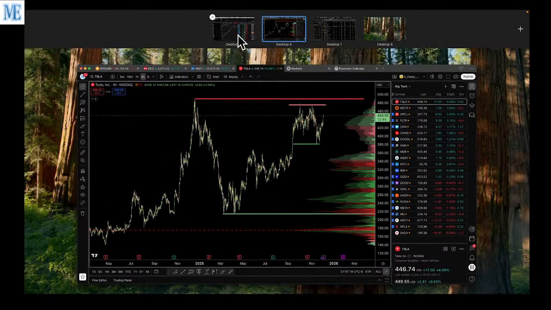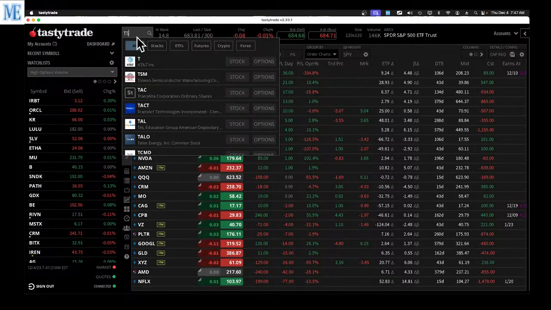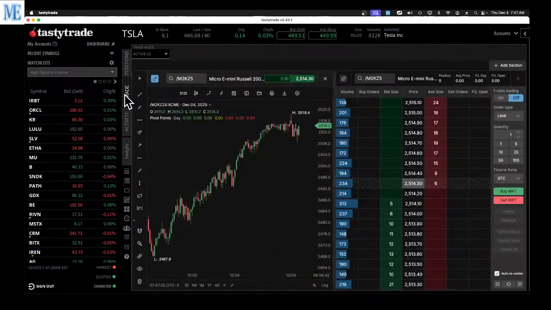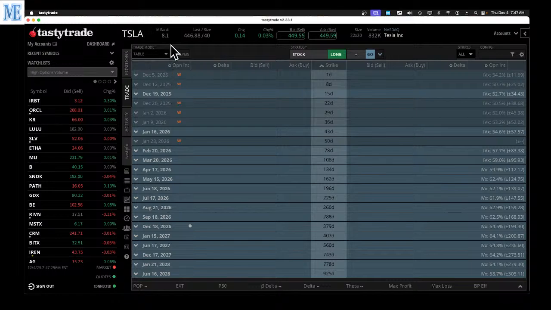If we were to actually look at Tesla, volatility in here is non-existent. You can see it's an 8.1, and so you really can't do anything in here other than get directional.